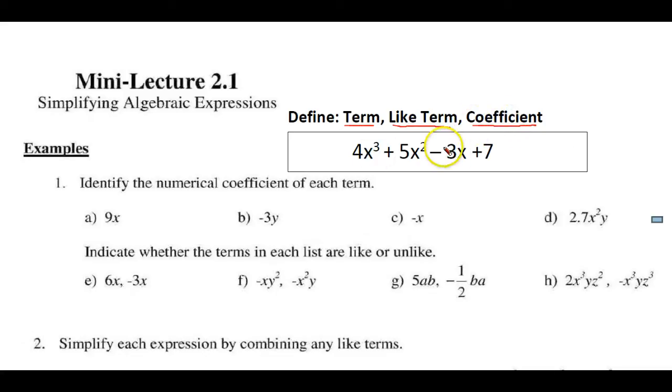And I put this as sort of an extra example so we can use this to define what is a term. Well, basically a term is something that is separated by either a plus or minus sign.